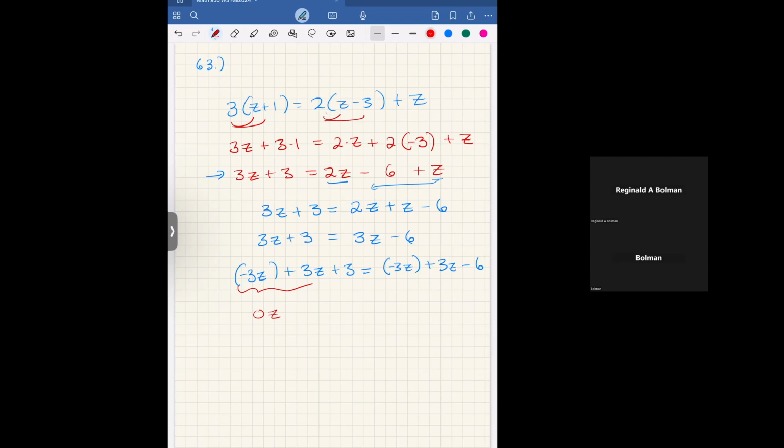You'll have 0z, because if I owe you $3, but I add $3 to my bank account and pay you back, I'll have $0 in my bank account. So I'll have 0z plus 3 on the left-hand side.